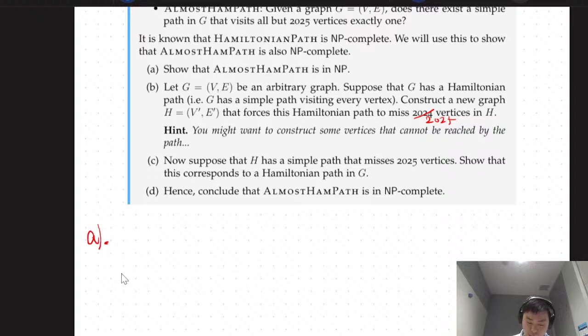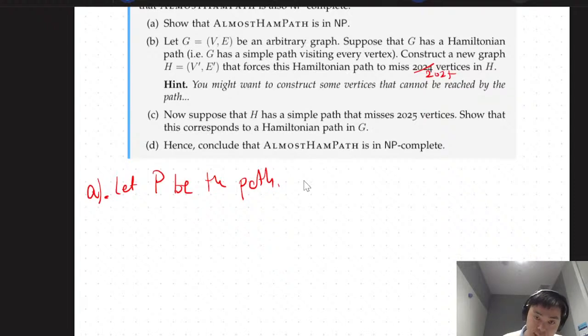To show that this is in NP, let's suppose I have a path. Let P be the path. All I'm going to do is check that this path is a Hamiltonian path. There are two things we want to check.